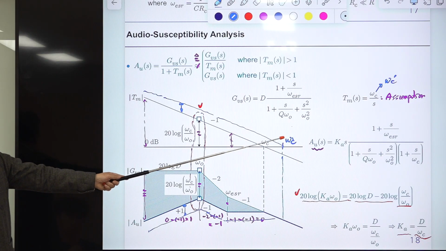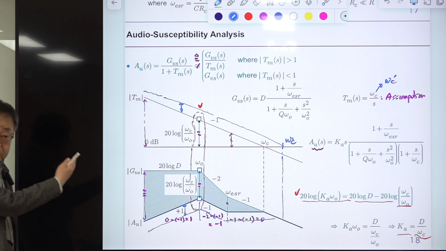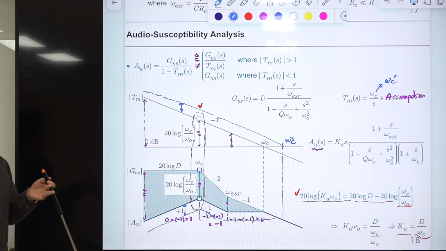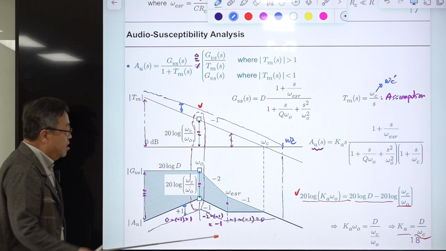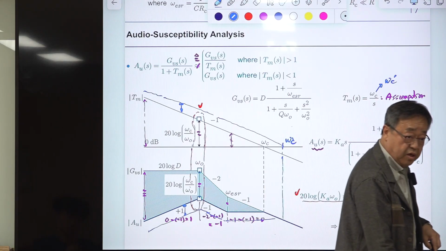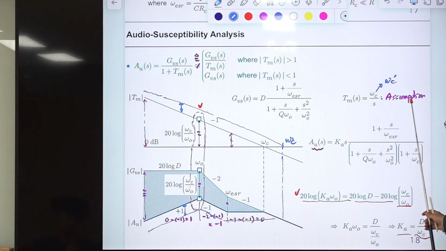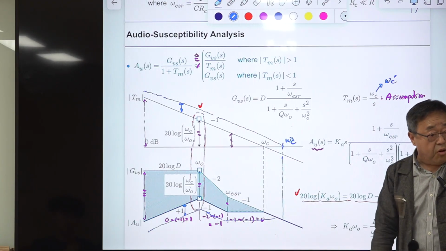You cannot achieve this in practice. We are using this for the simplicity of explanation of this graphical procedure of constructing this asymptote and extracting this transfer function from the asymptote. Okay? Actually, there are additional things. If you increase this, you will have the stability problem.